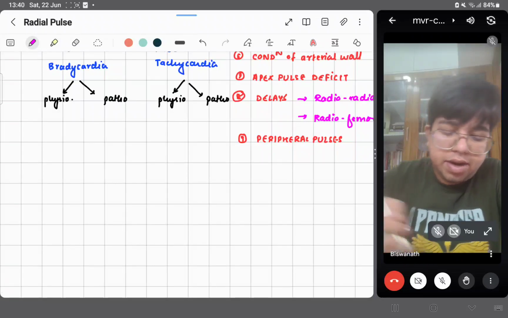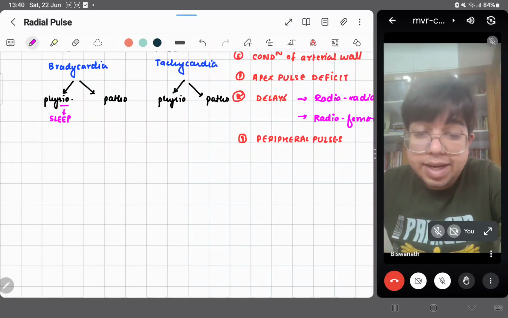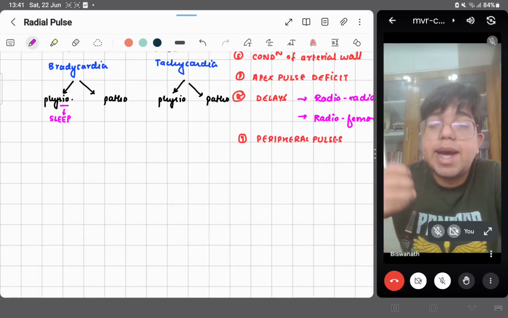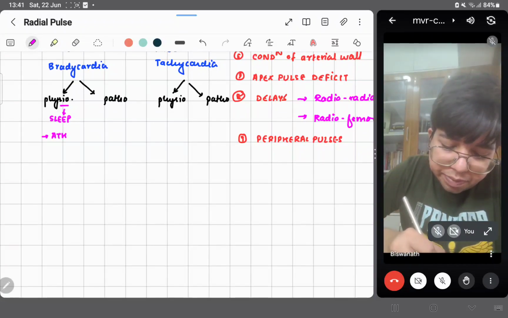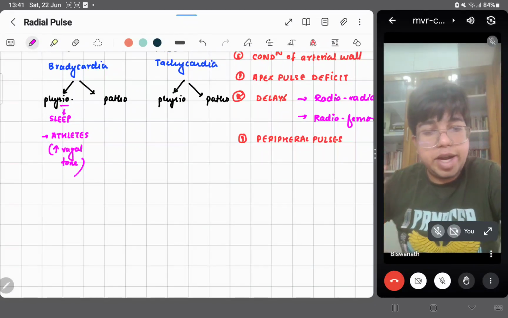When you sleep, right? So for physiological, just remember sleep. And athletes too. Due to increased vagal tone in athletes, there is an increased parasympathetic tone. So in athletes, due to increased vagal tone, you get a physiological bradycardia.